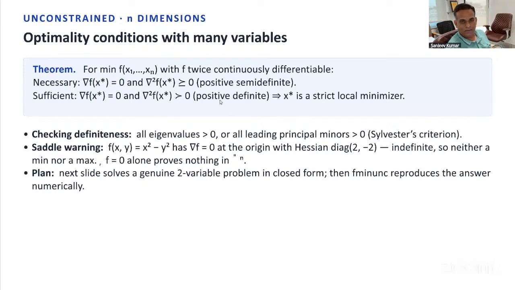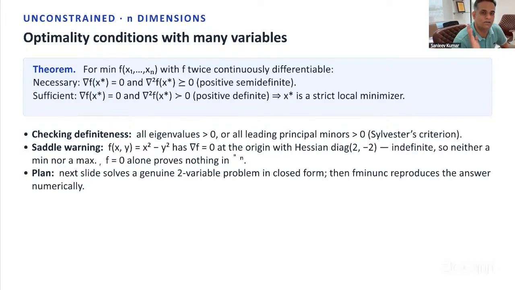And what is the meaning of positive definite? We say a square symmetric matrix A is positive definite if for any non-zero vector x coming from n-dimensional space, x transpose Ax, which comes out to be a scalar, is strictly positive.